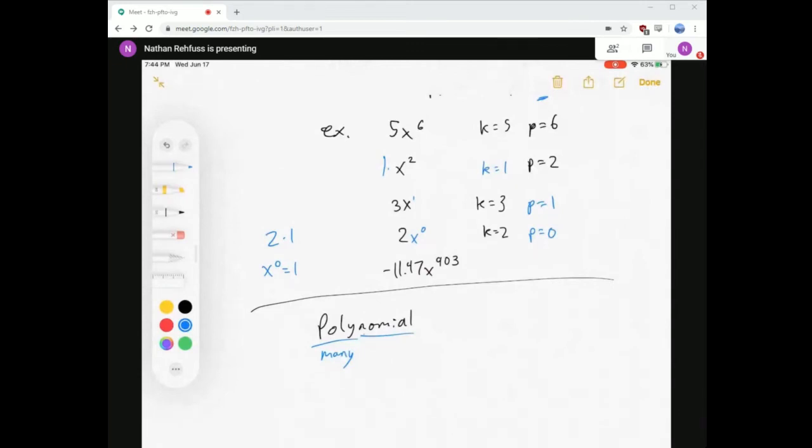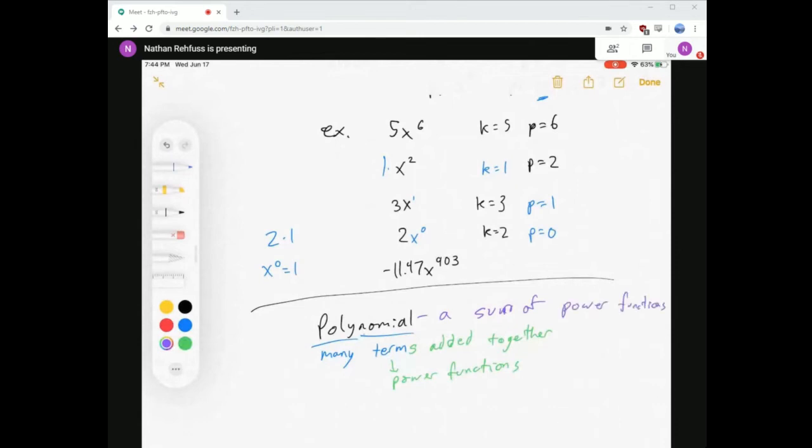For example, a polymer is where you have a bunch of plastic molecules agglutinated together. And nomial means term. So this is just many terms added together, and the terms are all power functions. So a polynomial is just a sum of power functions.